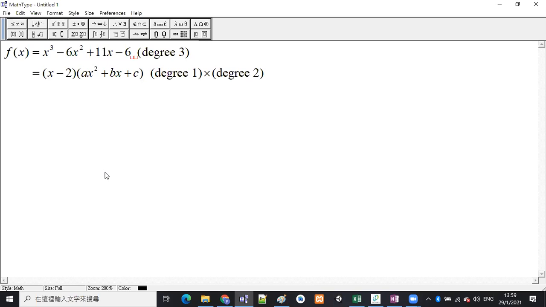咦，咁咪有好多未知數咯，唔使嘅，好簡單嘅啫。We are very ready to write down the value of a because the x cubed term must be obtained by multiplying x to ax squared.